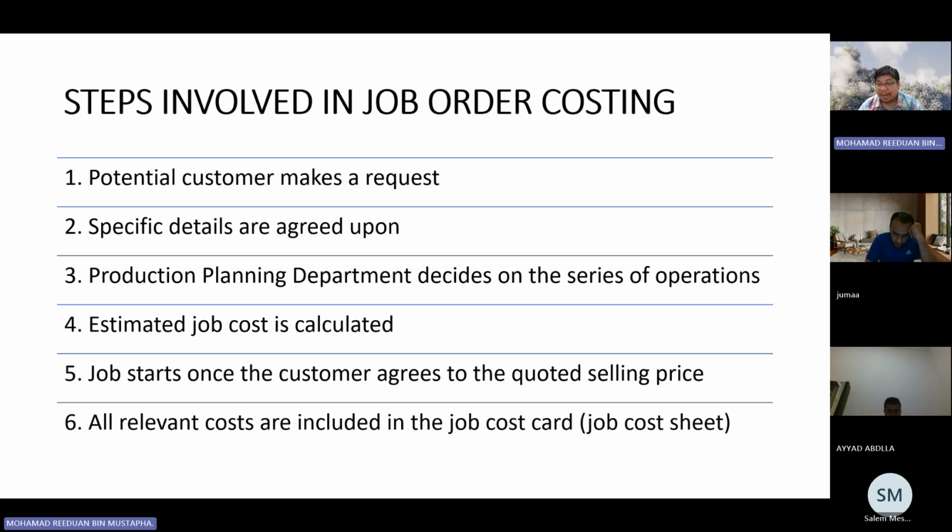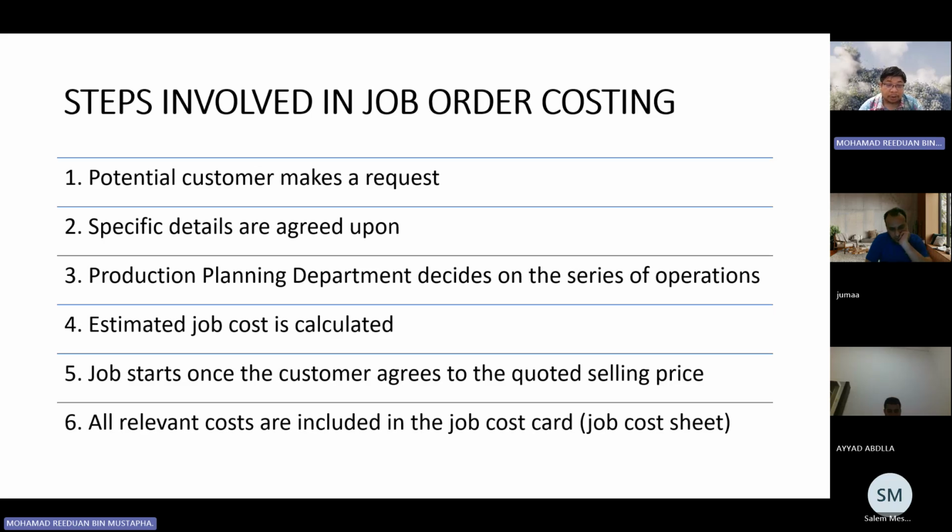Maybe you need to hire additional manpower. If you want to hire additional manpower with limited time, then the cost becomes higher. That's why you say, okay, the normal pricing is about 1,000, but because this is a custom order, we can only accept it at the cost of 2,000, double, because you already did the calculation and you cannot gain any profit if you sell at the same price that you normally sell to others, because the custom work needs to be done.